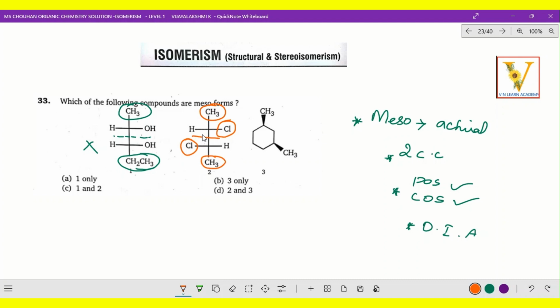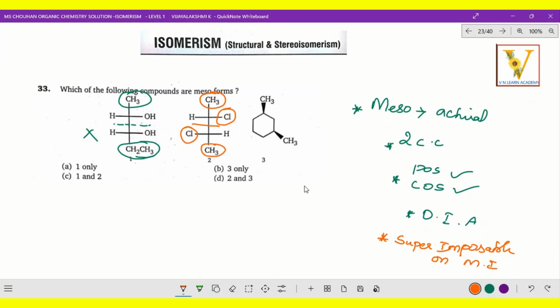So one more point I should mention: superimposable mirror image on each other. Okay, so the second one is also not correct.